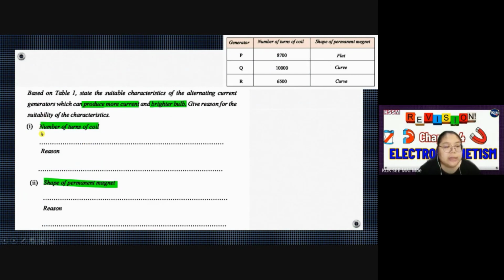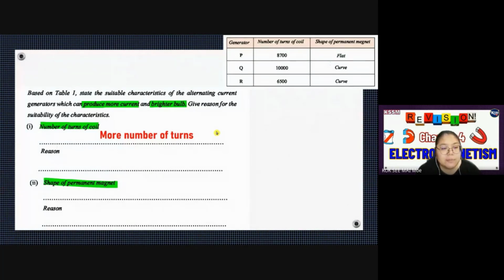Okay, so from here, the number of turns, sure you need more, is it? Remember, don't say the number. Don't say I want 10,000 or I want 8,700. No, don't mention the number. Just say you want more number of turns. Then must give the reason.